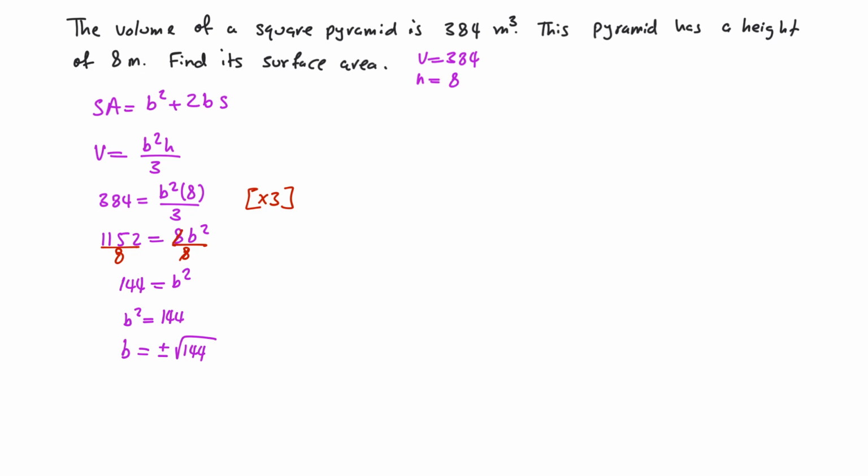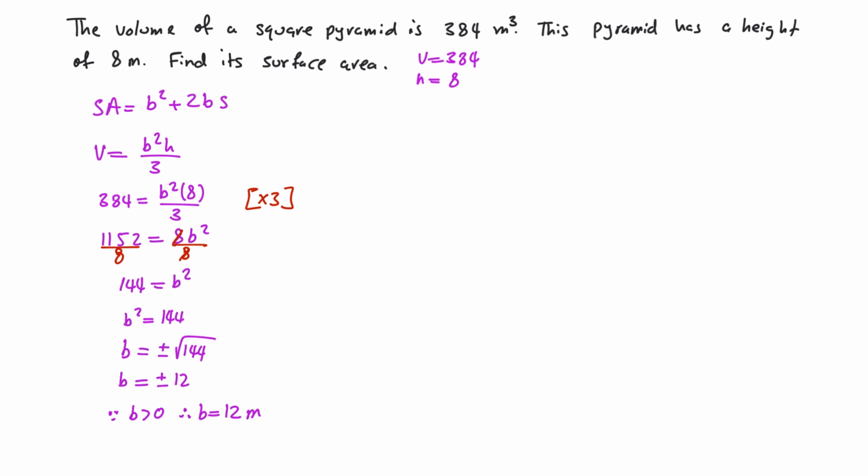And this is another number that I believe most students should be able to take the square root of, and that will be plus or minus 12 for b. b is a length, so b has to be larger than 0, or a positive value, and therefore b is equal to 12, and my unit is meters.